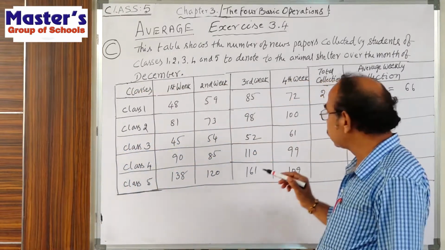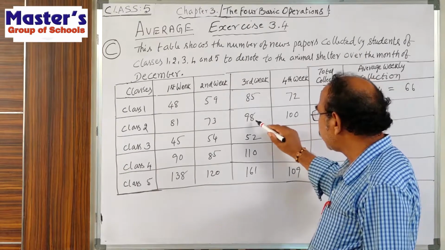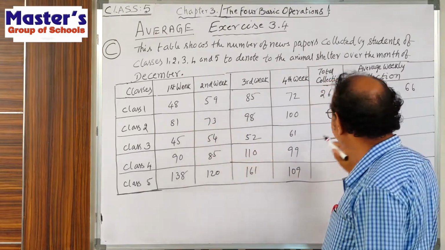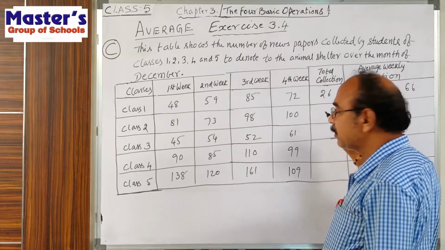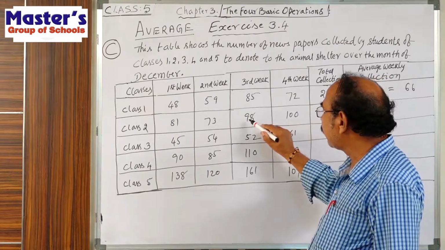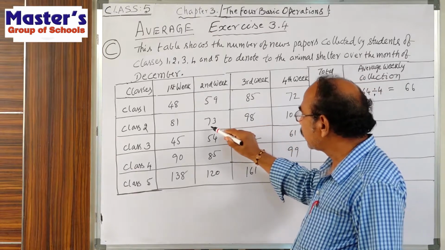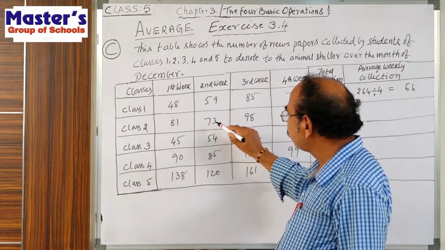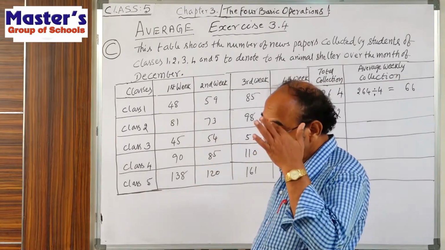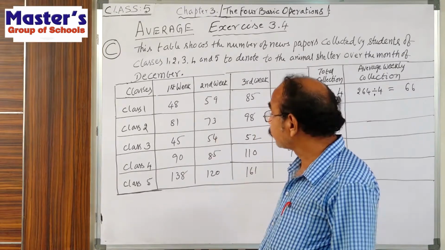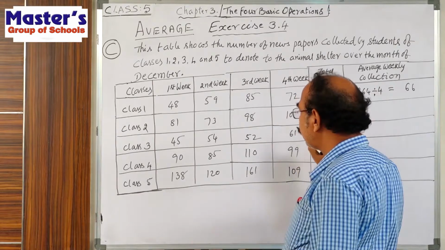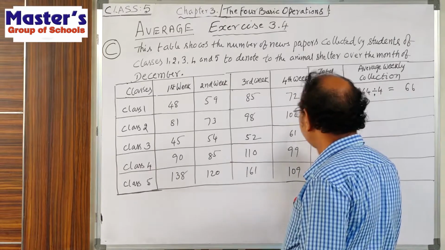First of all, units places. 0 plus 8, 8 plus 3, 11, 11 plus 1, 12. 2 right here. 1 is there. 1 plus 0, 1. 1 plus 9, 10. 10 plus 7, 17. 17 plus 8, 25. 5 right here, 2 is there now. 2 plus 1, 3. 352.